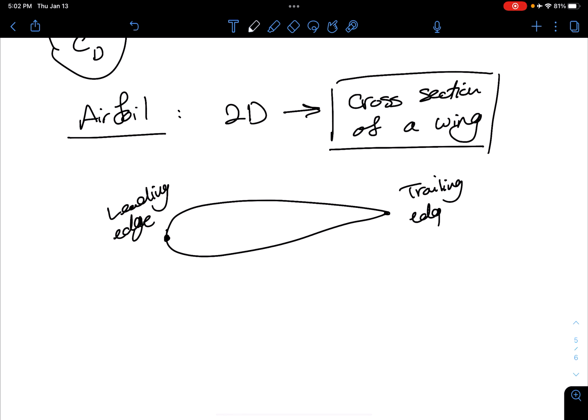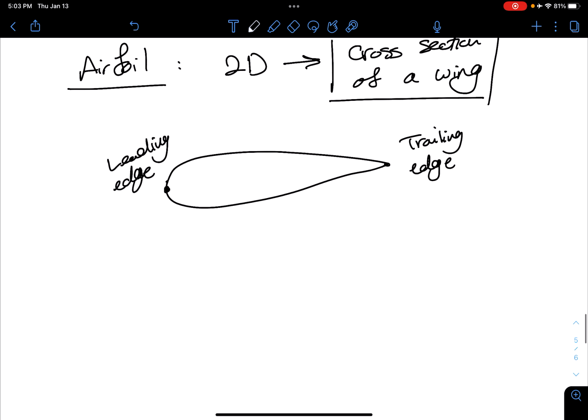You may want to know what the leading edge and trailing edge are. The leading edge is the first part of the airfoil that sees the incoming air. The trailing edge is the last part of the airfoil that sees the outgoing air, essentially. So a straight line that connects these two is called a chord line.